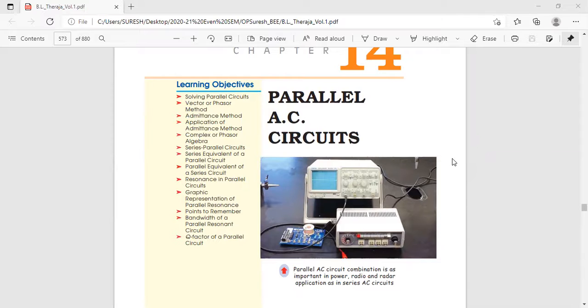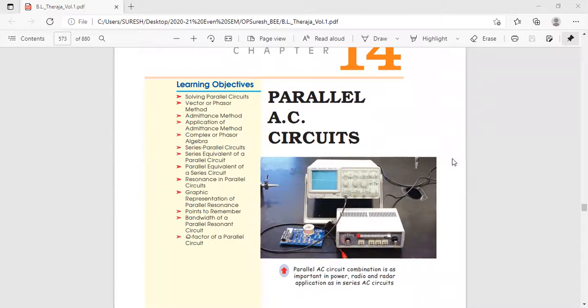What is the equivalent resistance if they are in parallel? R equivalent is equal to R1 R2 by R1 plus R2.